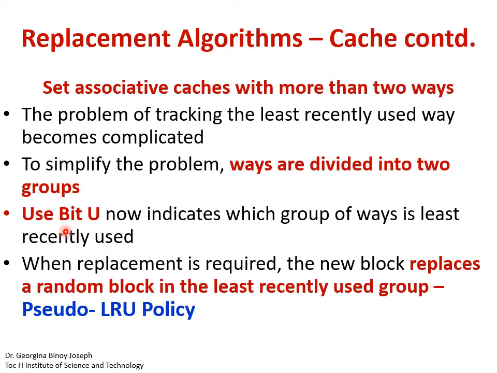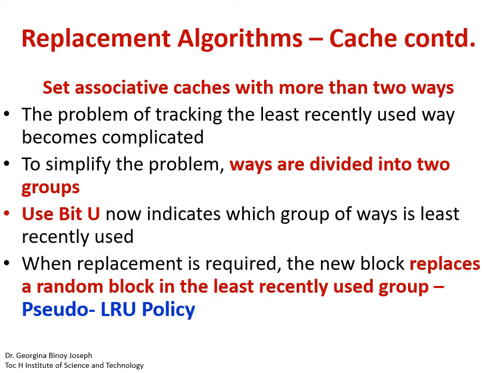The use bit U now, instead of indicating which way is the least recently used, indicates which group of ways is least recently used. So when a replacement is required, the new block replaces a random block in the least recently used group.